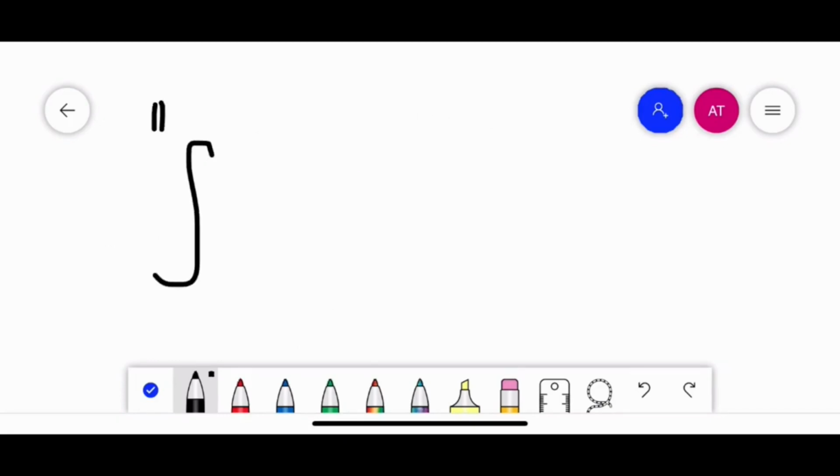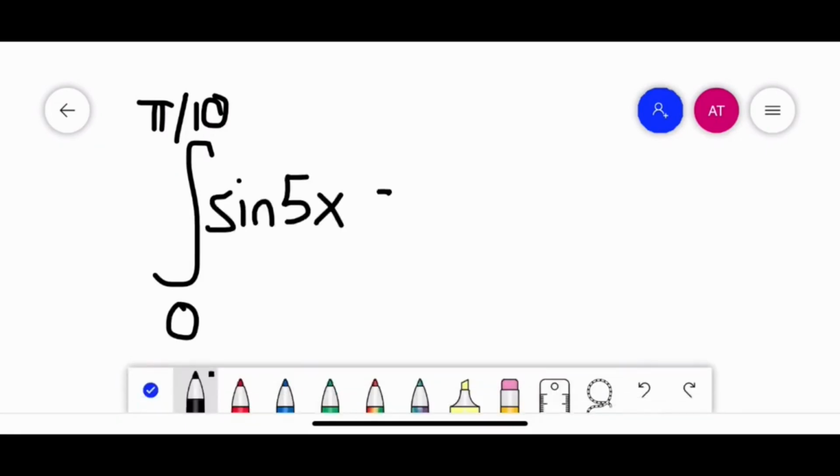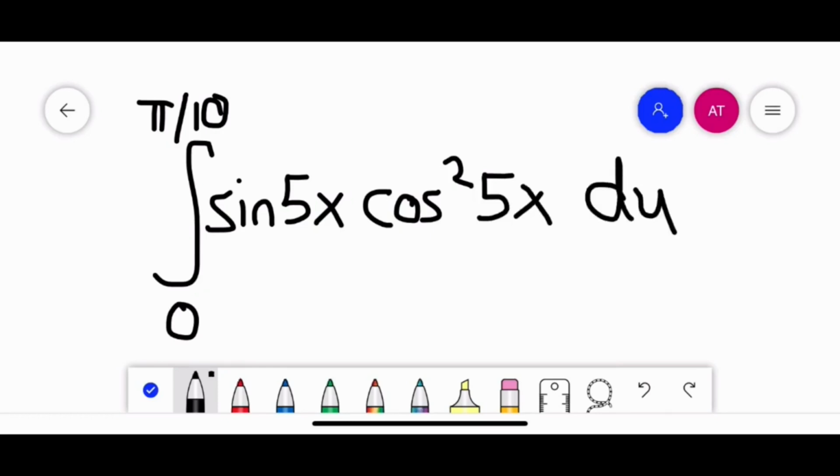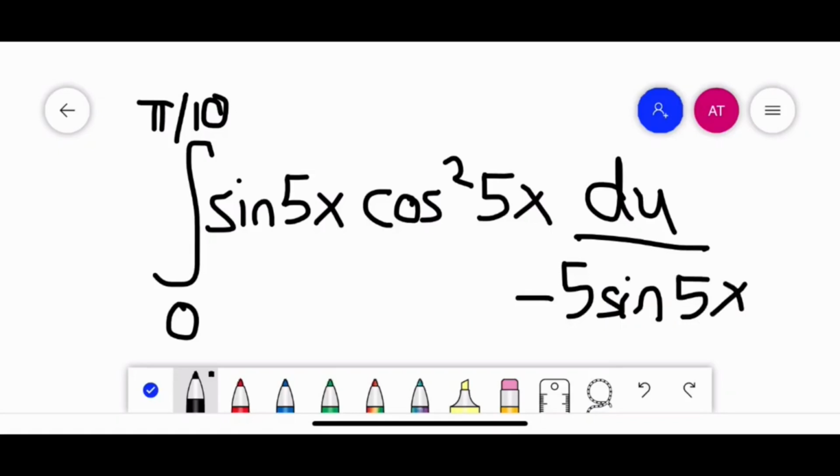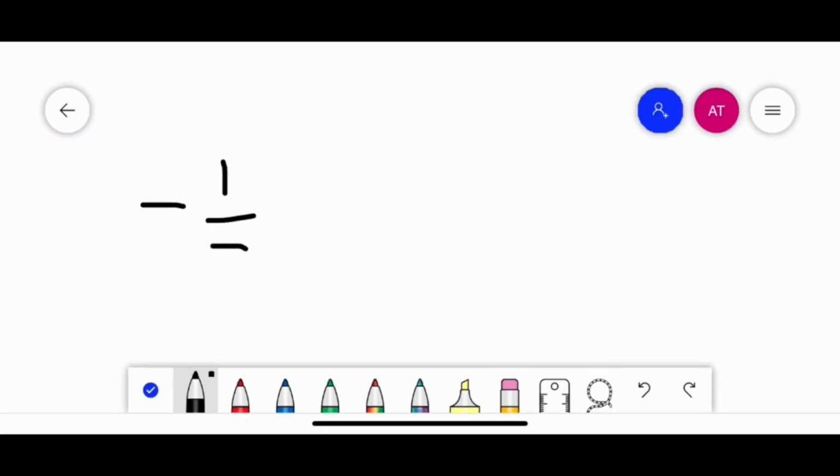So the integral from pi over 10 to 0 becomes sine 5x cosine squared 5x times du over minus 5 sine 5x. Then we can cancel sine 5x with sine 5x, and it becomes minus 1 over 5 integral of u squared du.